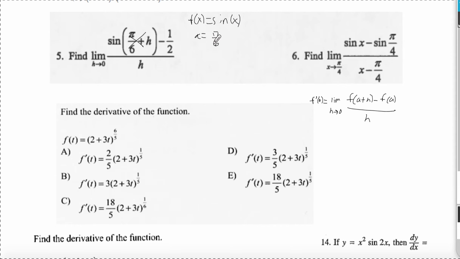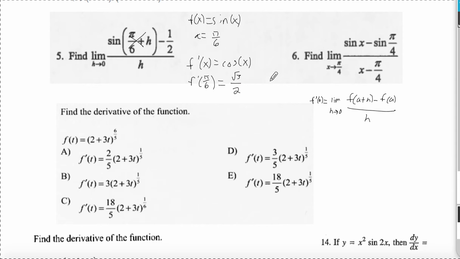I know that because the sine of pi over 6, f of a, is half. So there we go. What's the derivative of sine? The derivative of sine is cosine of x. And then I need f prime of pi over 6. So the derivative at pi over 6, the cosine of pi over 6, is square root of 3 over 2.